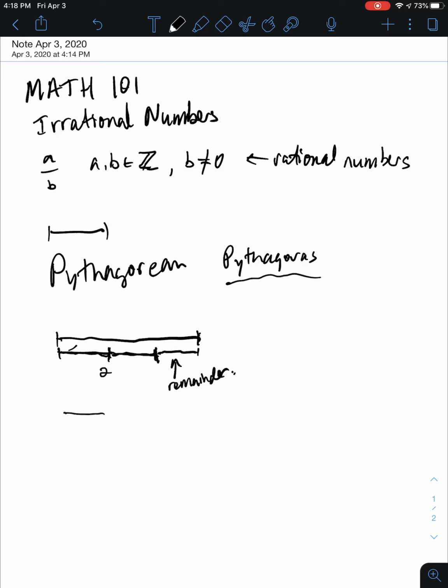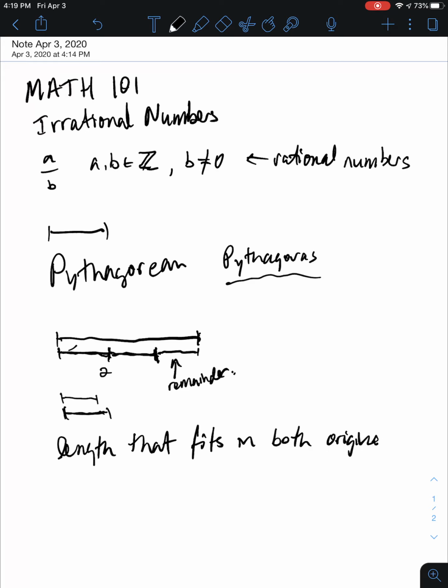So here, I'm now going to take my shorter length, and I'm going to replace the longer length by the remainder, and now I've got a similar question, but with smaller lengths. I just do this over and over again until I find a length that fits in both original line segments.